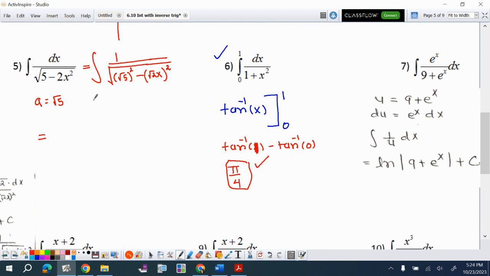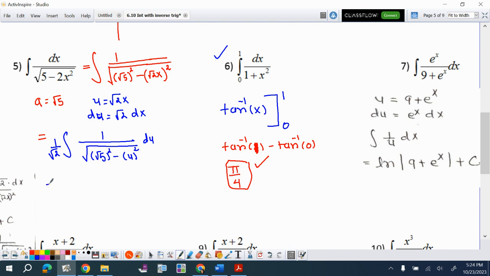So what's the derivative? u is equal to square root 2 x, du is equal to square root 2 dx, because I don't have the derivative of this here. Remember the chain rule. So if I apply that property here, I can rewrite again 1 over square root 2 and 1 over square root of 5 squared minus u squared du.